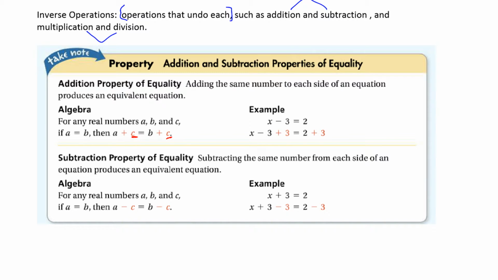In the example, we see that we add the 3 to one side, so we must also add the 3 to the other side. The subtraction property of equality says the same thing. If I subtract C from one side of the equation, I have to make sure I subtract it from the other. And in the example, I subtract 3 from one side, so I subtract 3 from the other.